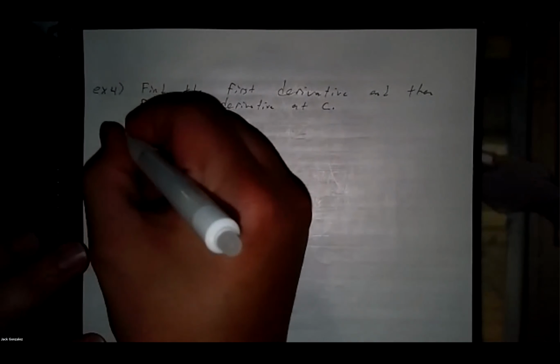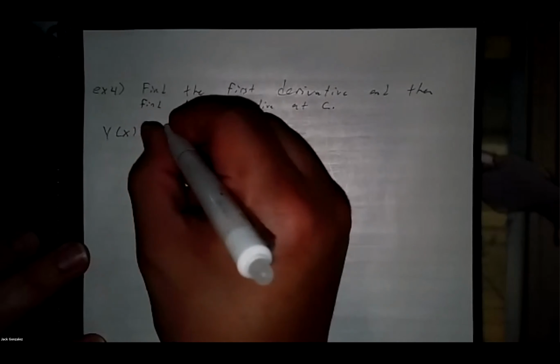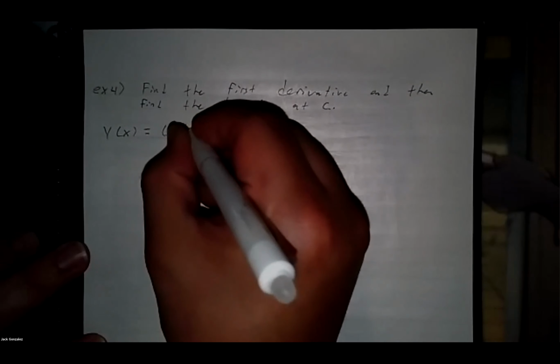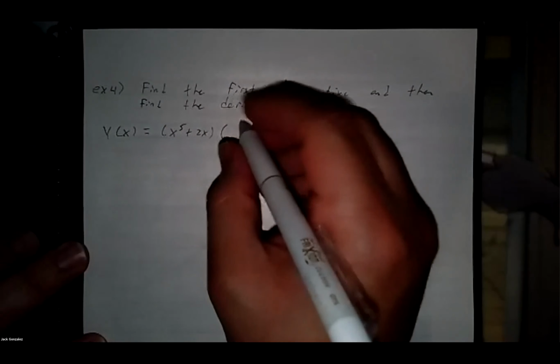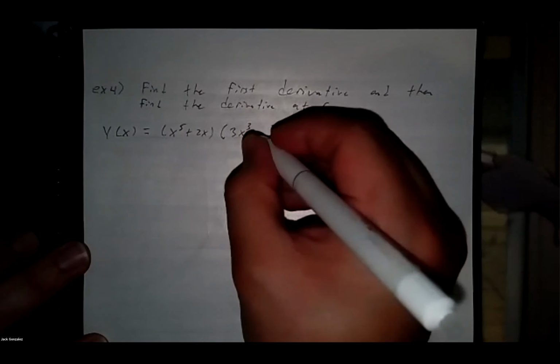We'll call it y of x because it goes nicely with our formulas, not because you have to. So the first piece is x to the 5th plus 2x, times 3x cubed plus 3x minus 4.